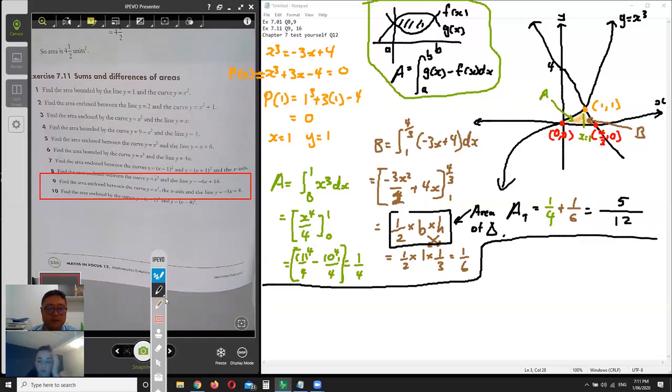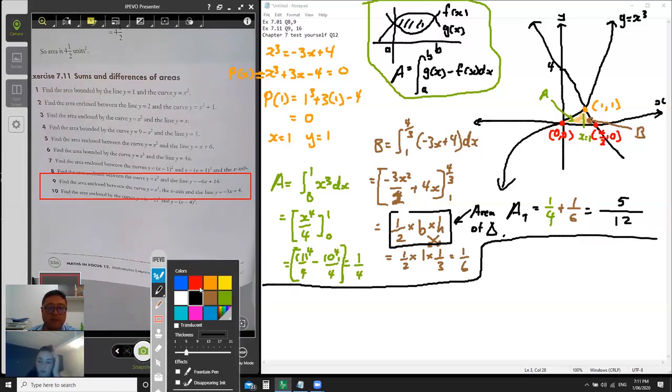Do you know the difference between area and integral? Not really. Okay, let me show you. Hopefully if I go through this, it will clear up any confusion for good, because this is the sort of question that they'll ask you all the time.